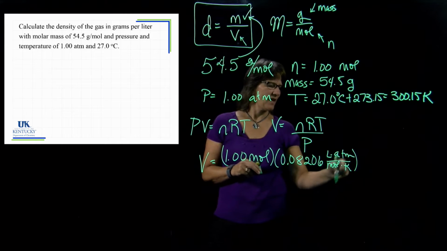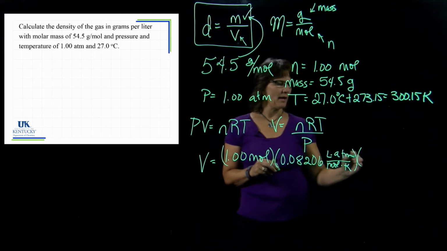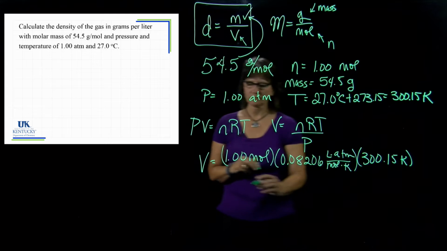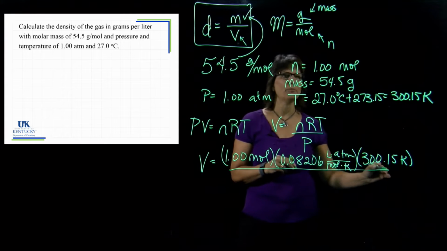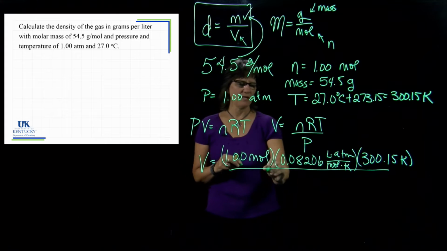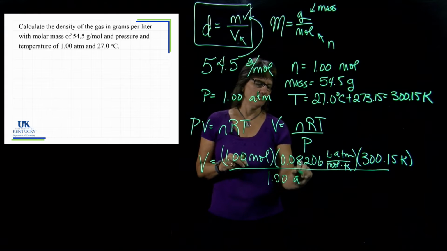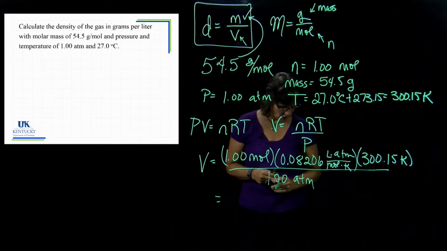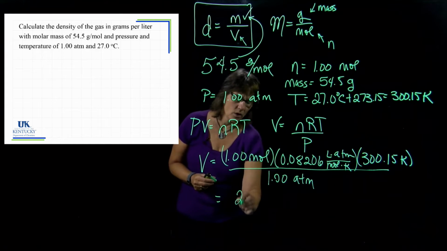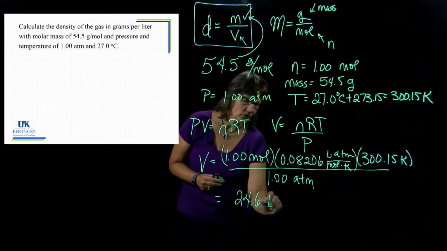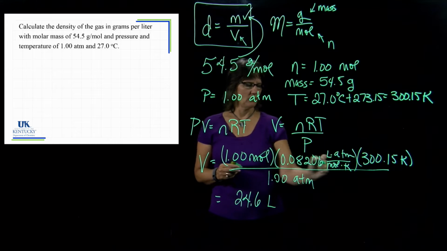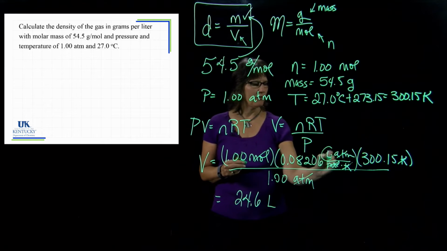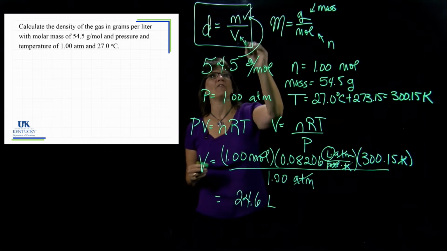As soon as I see that Kelvin, if I hadn't remembered to convert it to Kelvin, I remember now, but that's 300.15 Kelvin. And we will divide by the pressure, and the pressure was given to me as 1 atmosphere. So now what does the volume equal? I do all the calculations for that volume and I get 24.6 liters. Let's make sure it's liters. The moles cancel, the Kelvin cancels, the atmospheres cancel, and I'm left with the liters. So that's the volume, and now I have the bottom number.